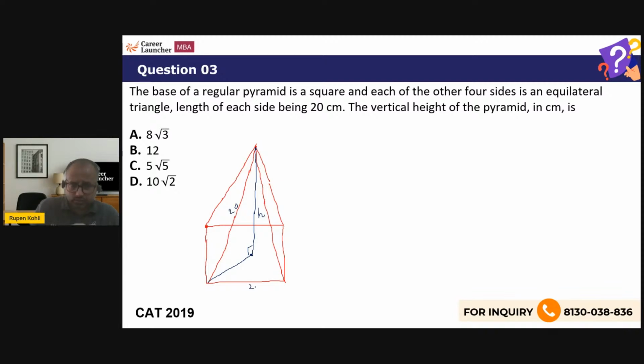Because this is also 20, because this is an equilateral triangle given to us, right? So therefore this is half of 20 root 2, 10 root 2. So 10 root 2 and 20 means 10 root 2, right? So 1 is to 1 is to root 2. This triangle is a right angled isosceles triangle. 10 root 2, 10 root 2, 20, right angle triangle, right?